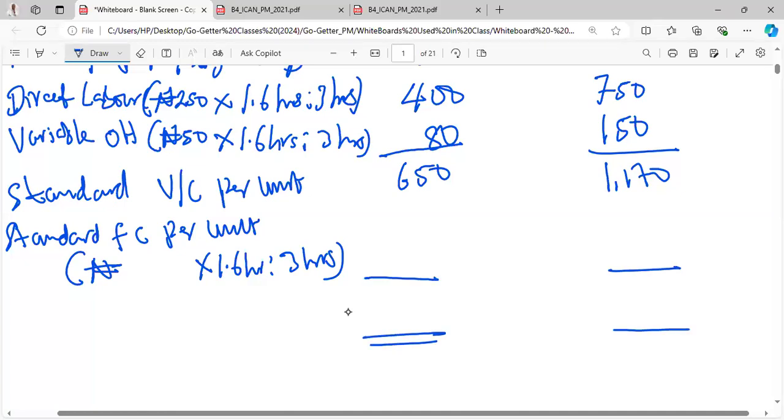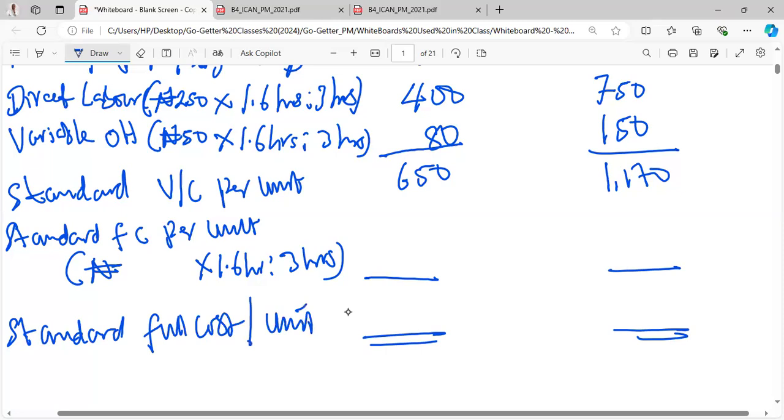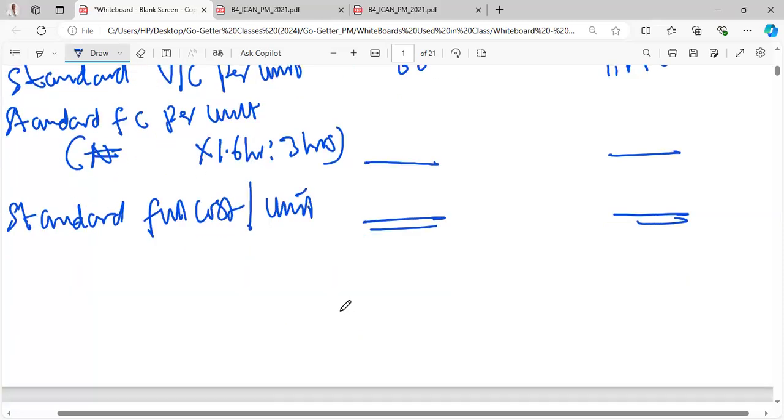This is your standard full cost per unit. So you will now go and do your workings. I will say this is workings, overhead absorption rate for fixed costs.